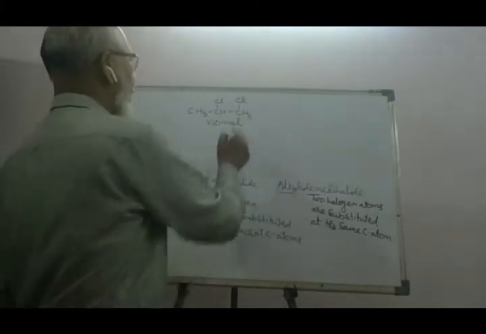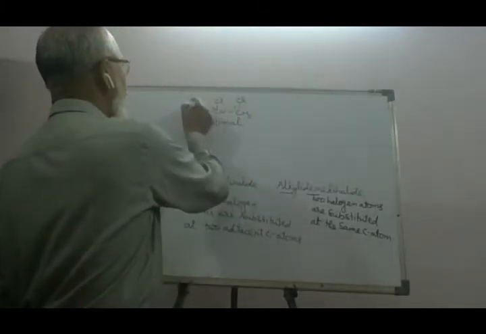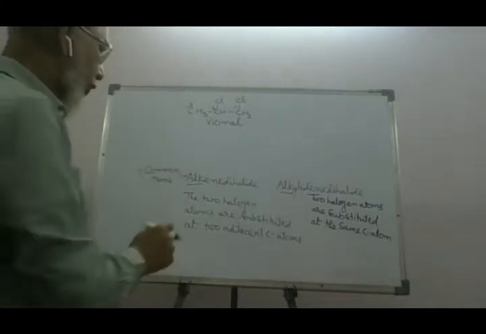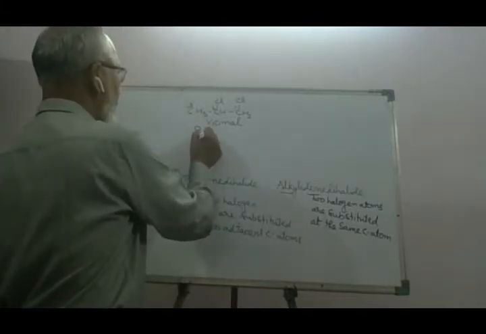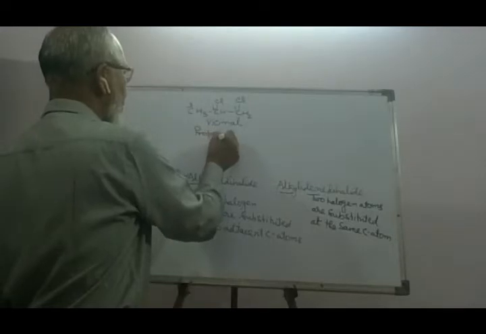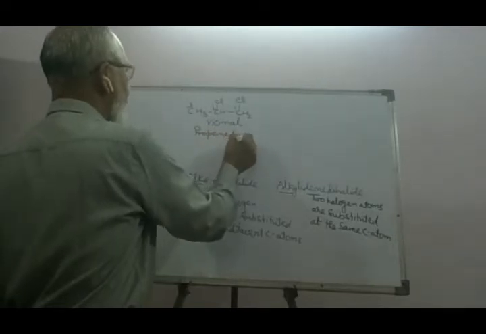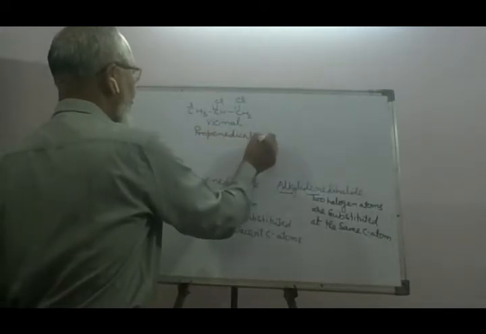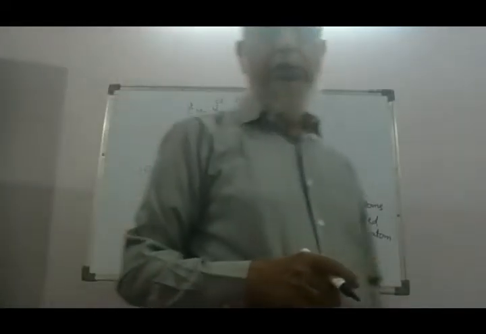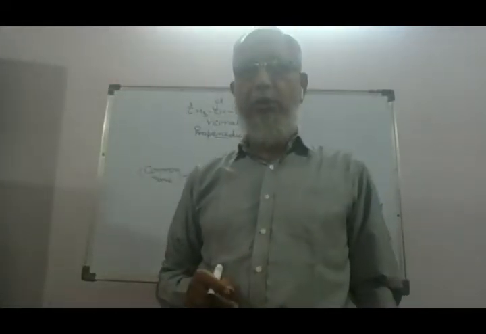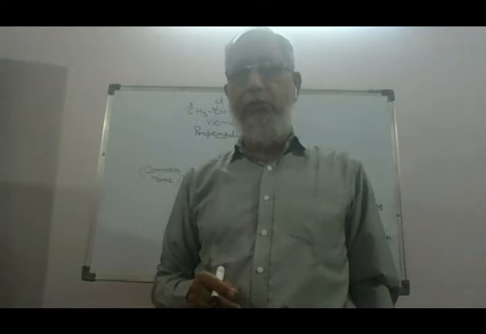The total number of carbon atoms is 1, 2, 3. So in place of alk, we shall use the term prop, and then ene, propene dichloride. From the term ene, it should not be confused that it contains a double bond between the carbon atoms. It is not so.